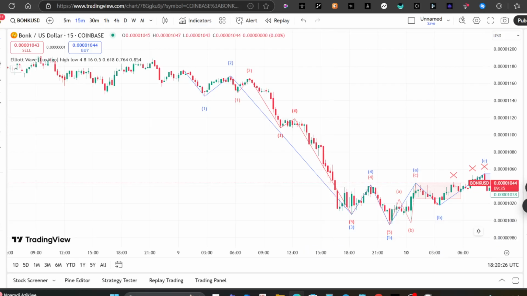So another way to spot Elliott wave extensions is by using Fibonacci extensions. These are key tools that help predict where the extended waves might end.